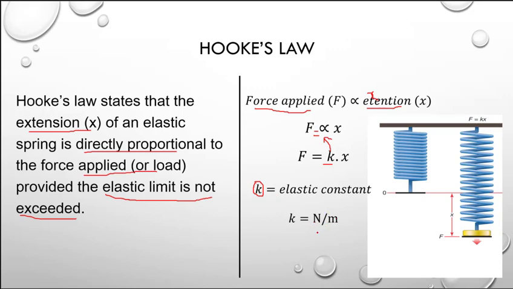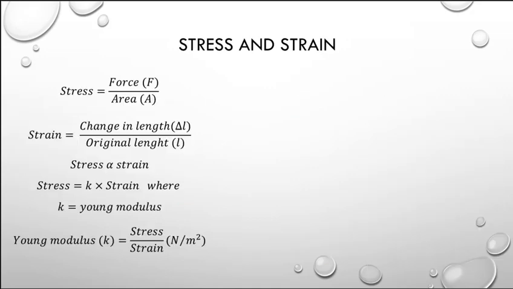I hope you know how we got this unit. If you make K the subject of the formula, you are going to have F over x. F is represented in Newton, while x will be in meter. So that is why we have Newton per meter. That is the unit for representing the elastic constant.